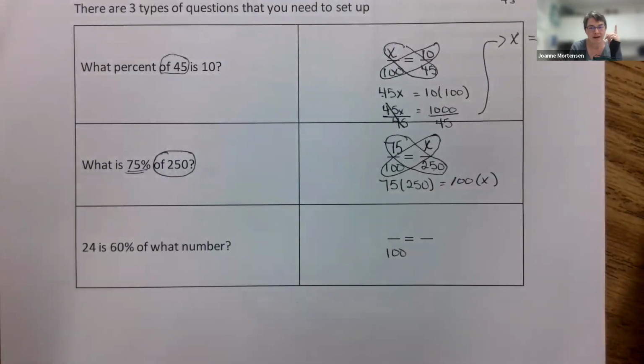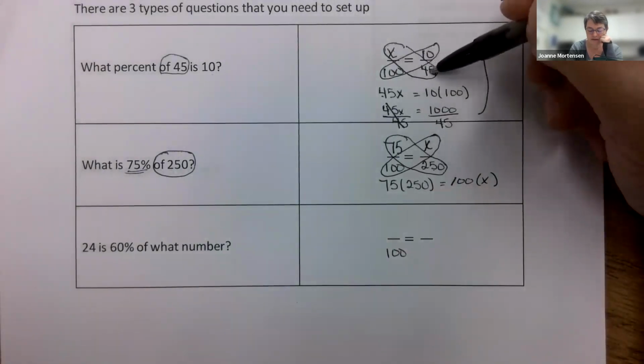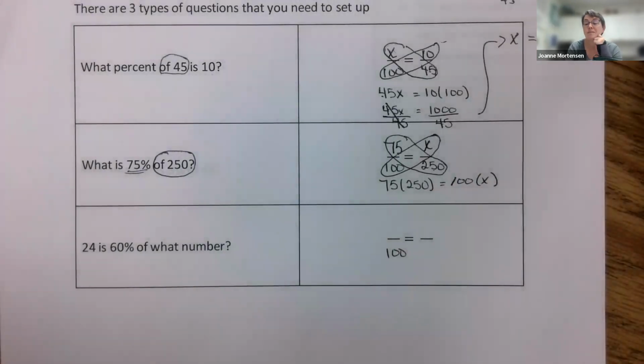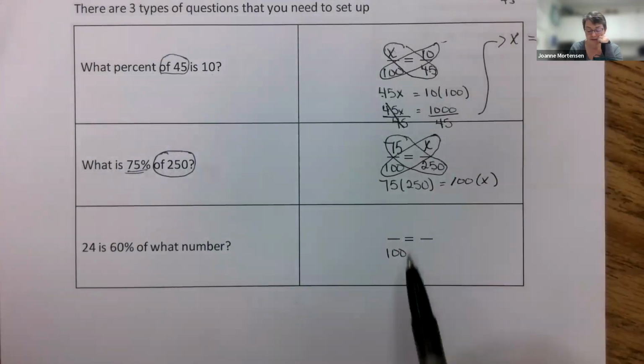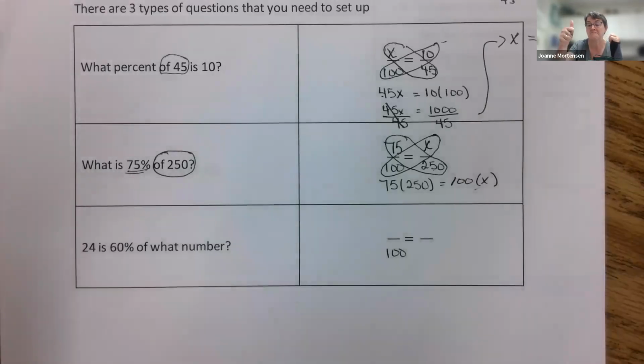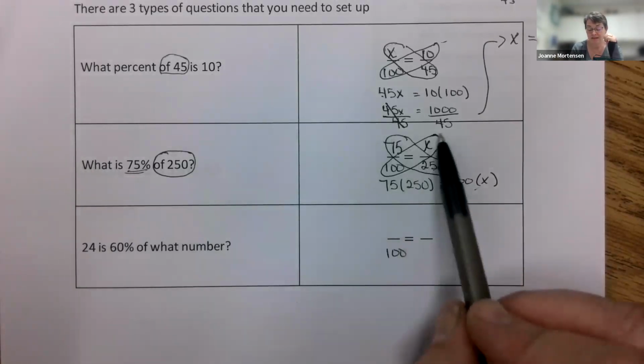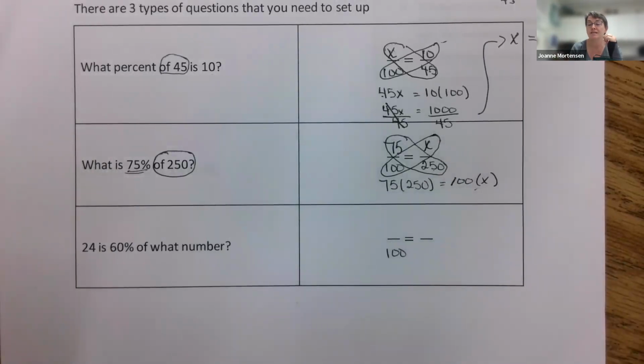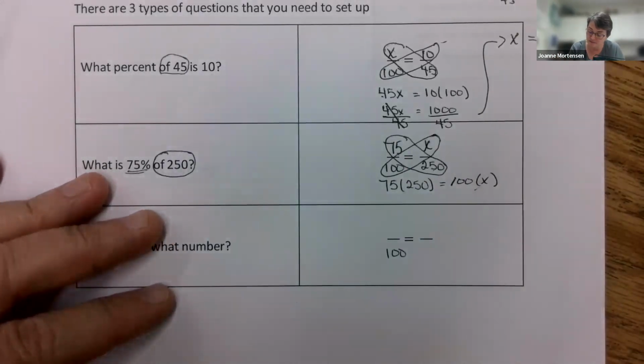And I try, although I don't always do it, to write this one first. So I go downhill, then I go uphill. It makes absolutely no difference. If you wanted to put 100x equals 75 times, do you want to flip these two? Enjoy. It doesn't make any difference. I just honestly found when I was teaching that if sometimes I went this way and sometimes that way, it confused people. Now I try and do it the same way all the time, so I don't have problems.